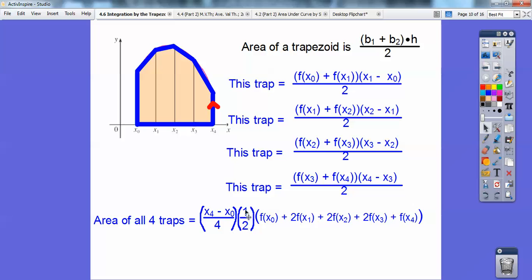There's the half on all of those, so I just pulled the half out. There's my f of x sub 0, here's my 2 f of x sub 1, plus 2 f of x sub 2, plus 2 f of x sub 3, they're all heights, and then finally my singleton f of x sub 4.